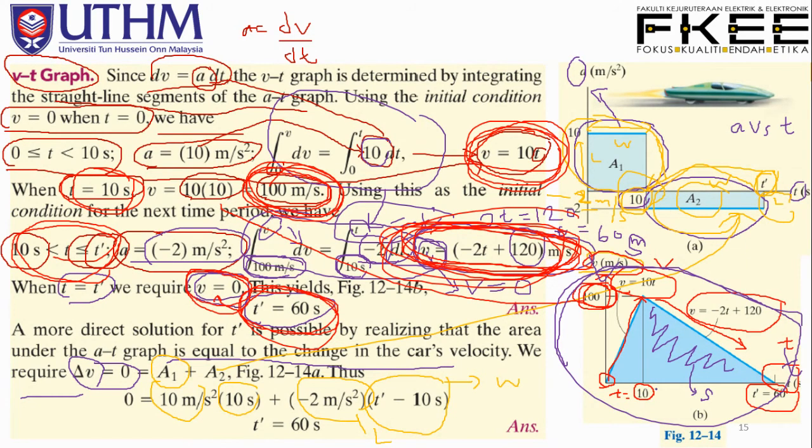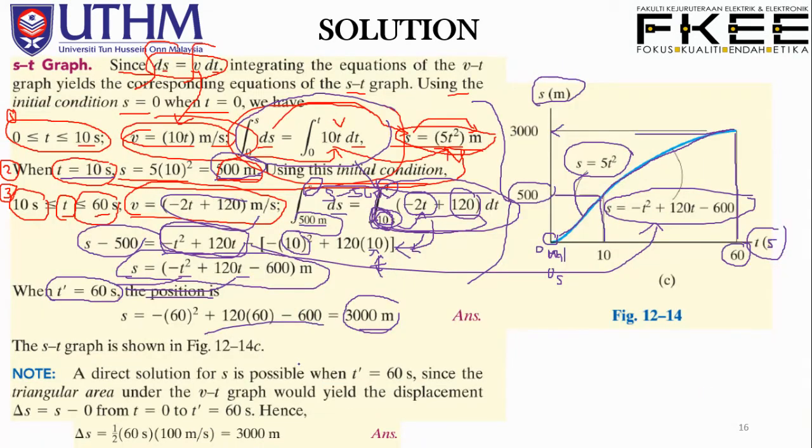So we find the area under t prime, for this one. Yes, this gives the displacement of s from t equal to 0 to t equal to 60 seconds.